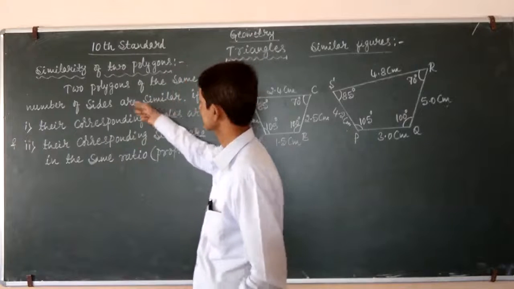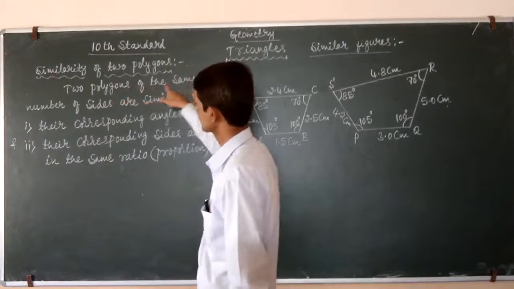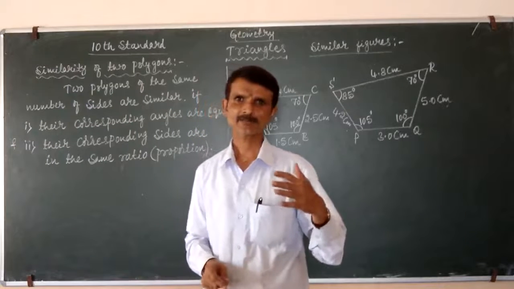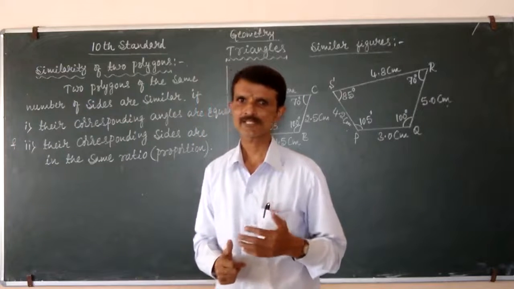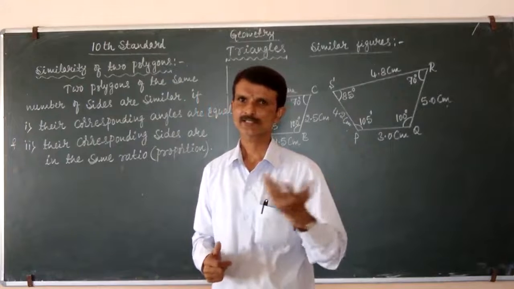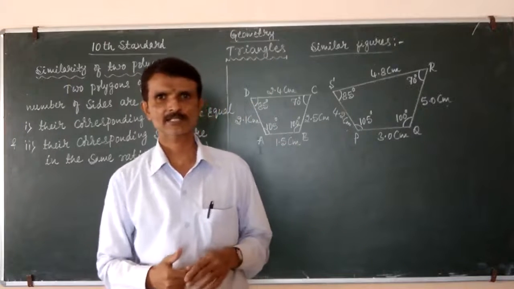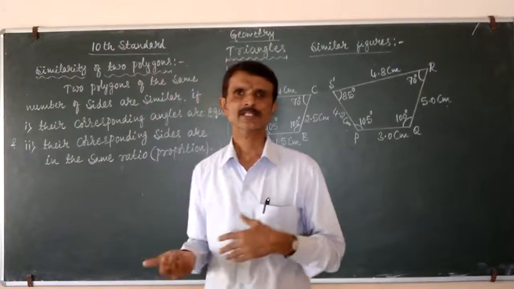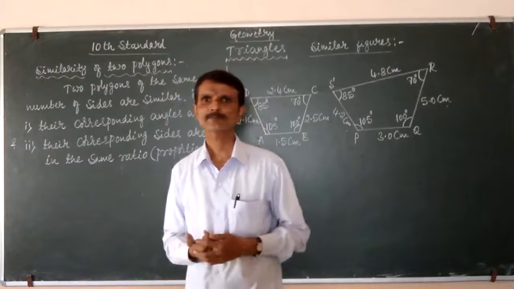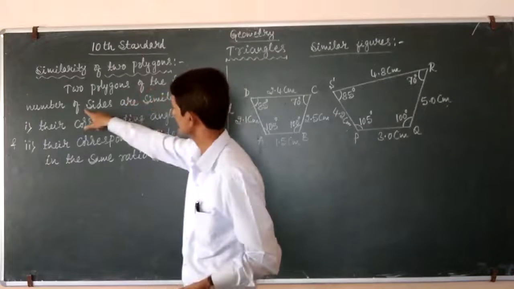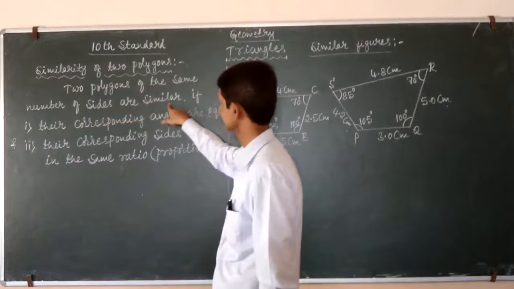Observe the definition: two polygons of the same number of sides. If it contains three sides, it is called a triangle. If it contains four sides, it is called a quadrilateral. If a polygon has five sides, it is called a pentagon, and so on.